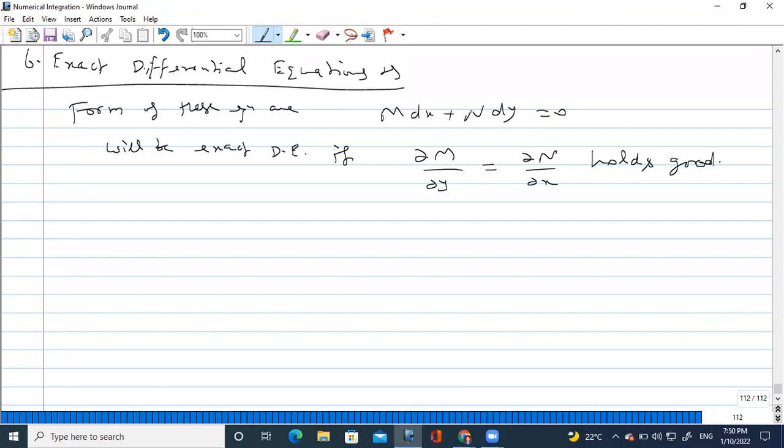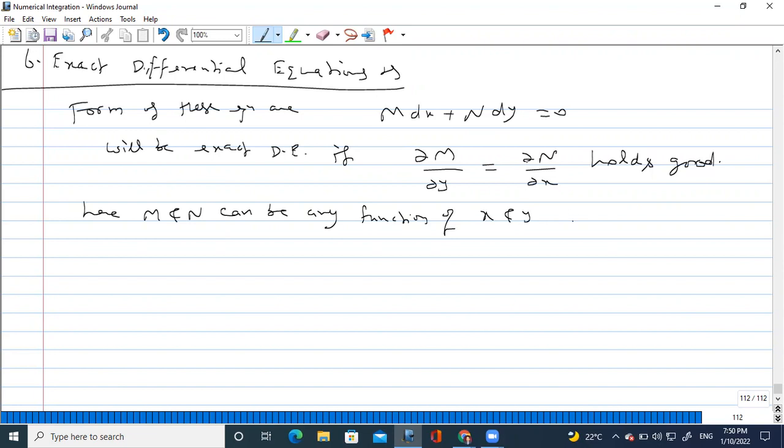And what are m and n? They are functions of x and y. Here m and n can be any function of x and y, whether purely x, purely y, or a combination of x and y.